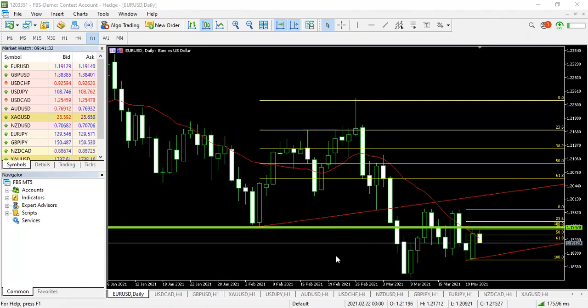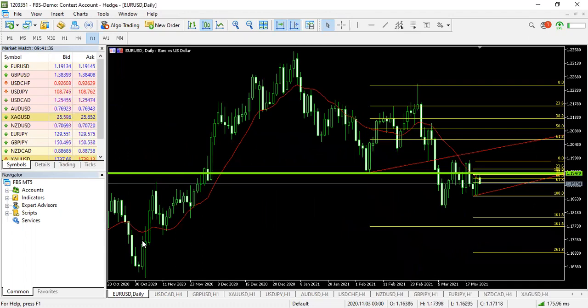So, guys, the Euro USD is quite interesting because this week the Euro is a bit weak, as well as the USD. So to know the direction it's going to take, we're going to have to wait for key areas.